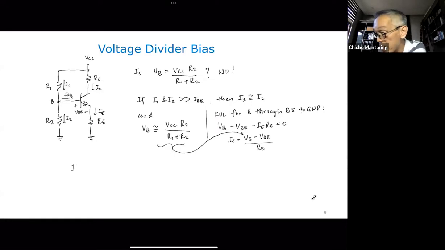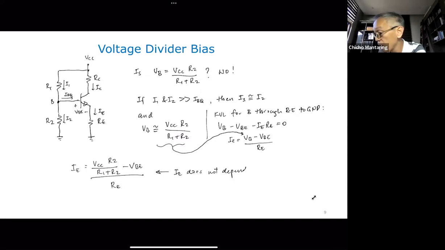I'm now going to get IE is equal to VCC R2 over R1 plus R2 minus VBE all over RE. And notice, I sub E does not depend on beta.